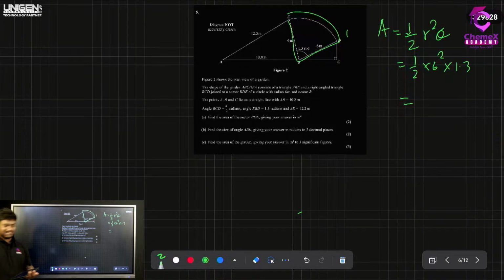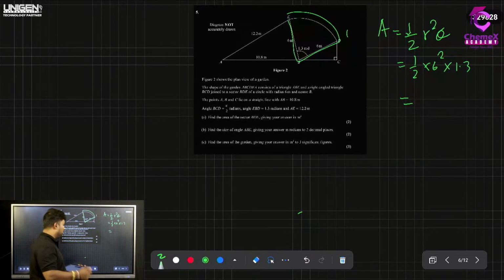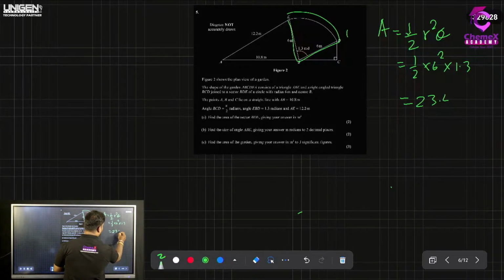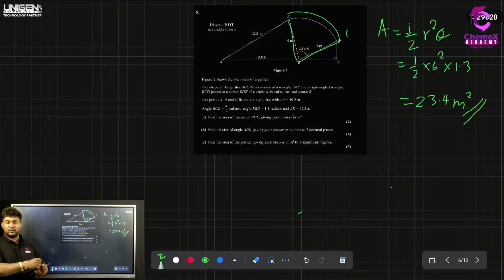You all have calculators. So I got 23.4. Good. So it's 23.4 meters squared.